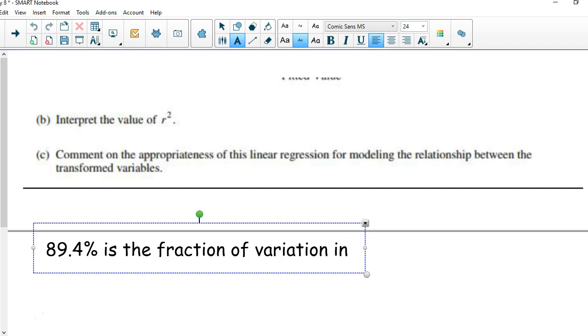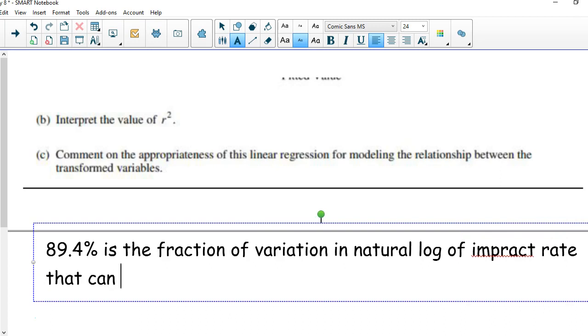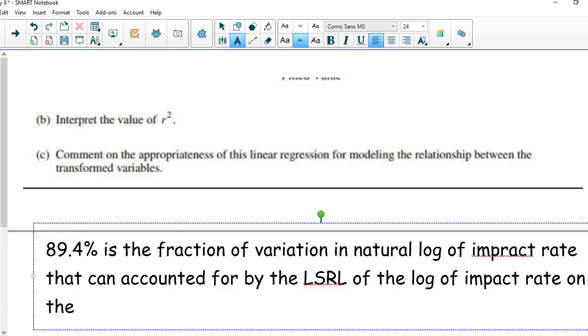So 89.4% is the fraction of variation in y. So what does that mean? I'm going to say the natural log of impact rate that can be accounted for by the least squares regression line of the log of impact rate on the log of age. Write down any questions.